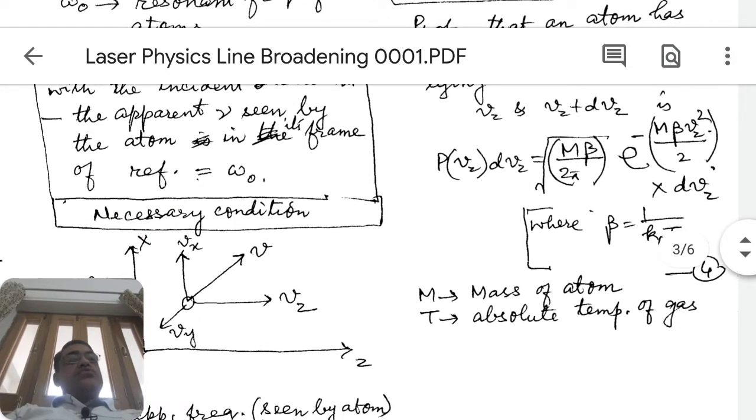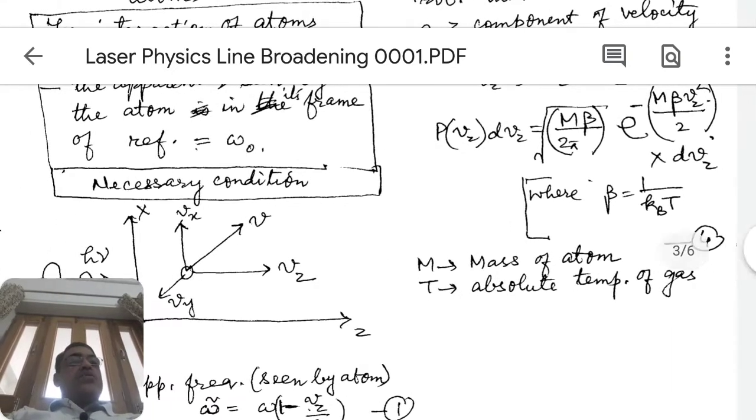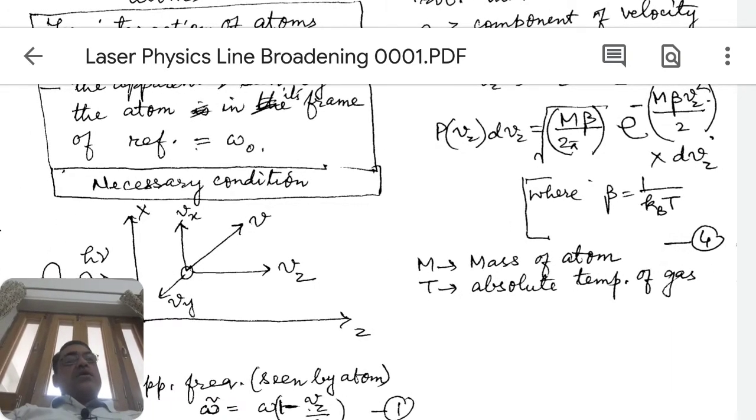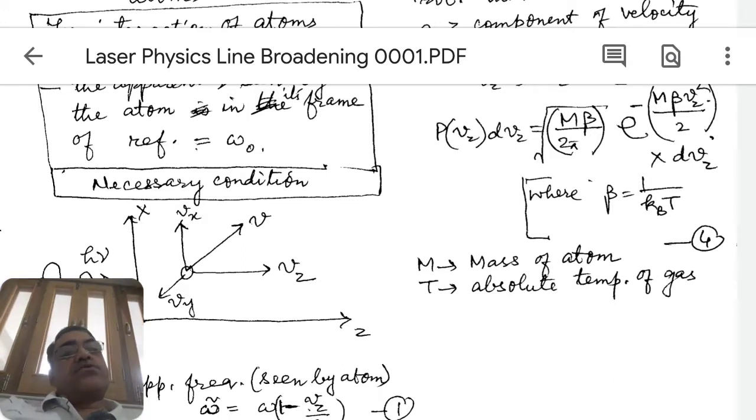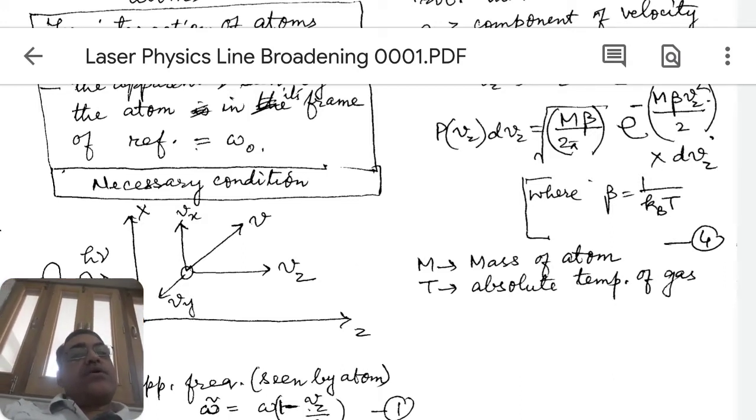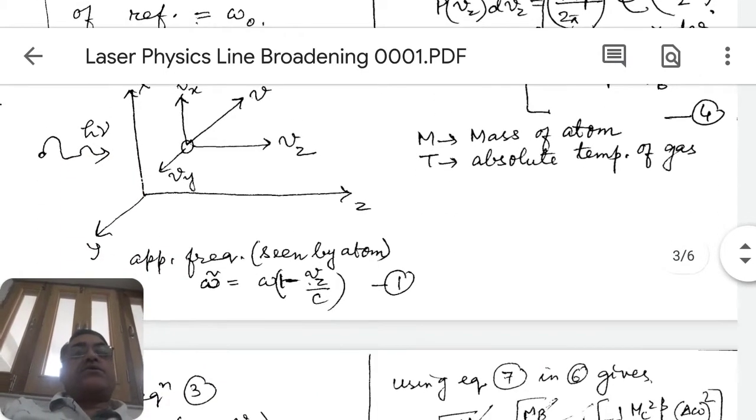Here beta equals 1 by kB T, where kB is the Boltzmann constant, m is the mass of the atom and T is the absolute temperature of the gas.